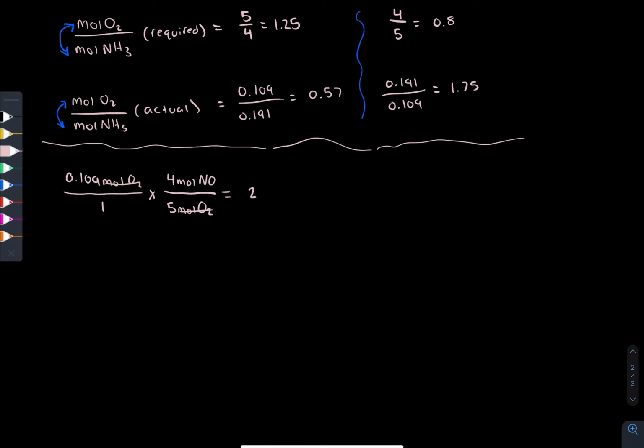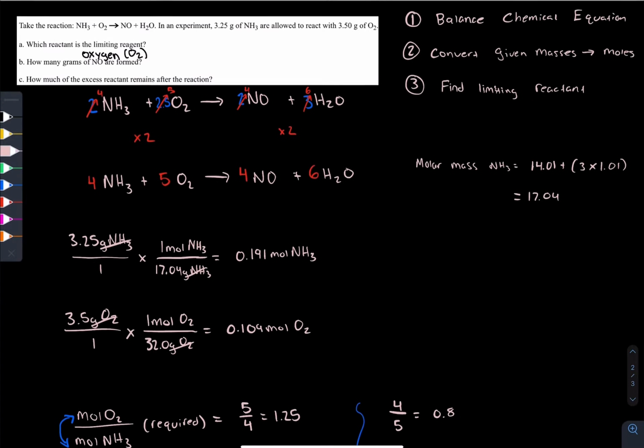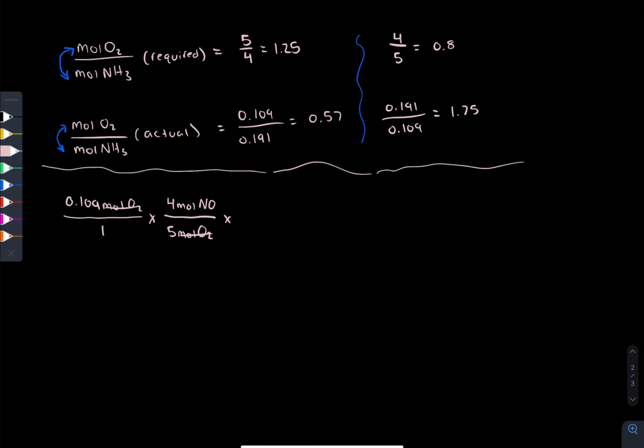Oh, sorry, I missed the biggest step. So what this will give us is our moles of NO. So what they're asking for is the mass in grams of NO. So for that, we're going to have to multiply this by the mass.